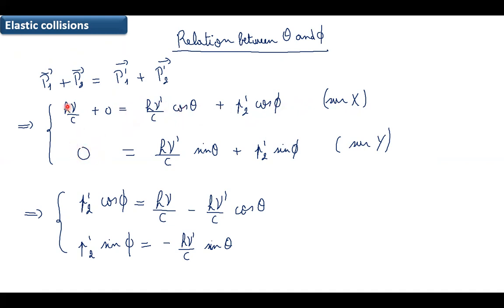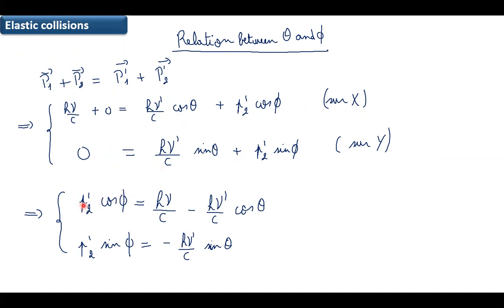And on y, initially we have no momentum along y, because the electron is at rest and the photon is along x, so no momentum along y before collision. But after collision, after the diffusion, we have the momentum of the photon, which is h nu prime over c sine theta, plus p prime 2 sine phi for the electron.